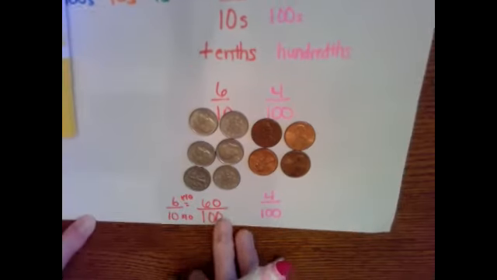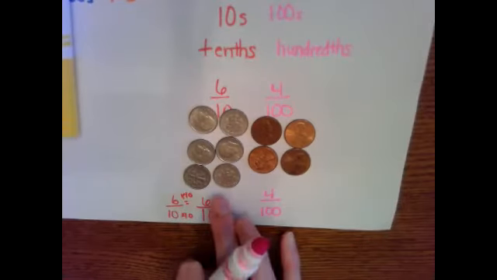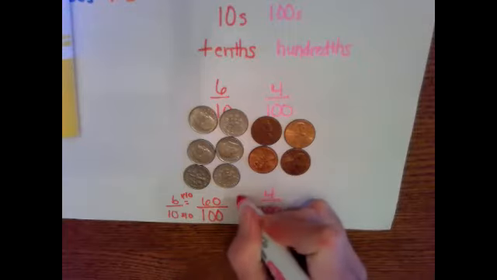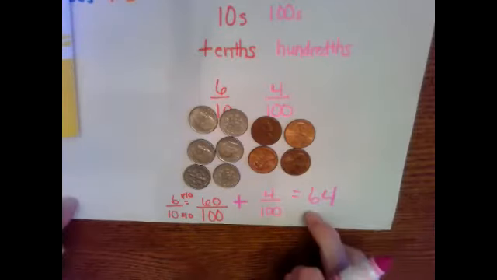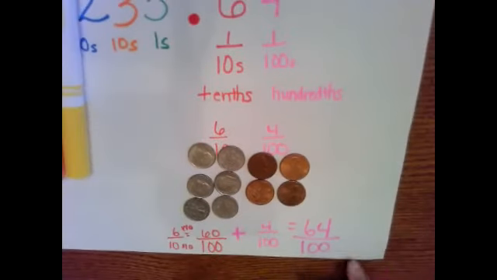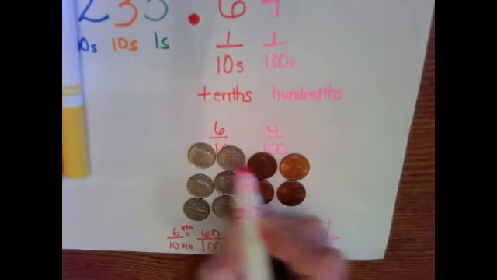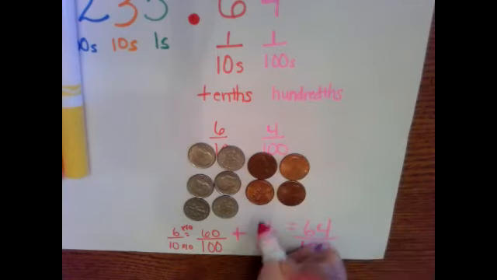Technically, then we could add these up, couldn't we? We have 2 of the same denominators. 60 hundredths plus 4 hundredths is 64 out of 100, which is why when you go to the store and they say that'll be 64 cents, please, you're paying 64 out of a dollar, right? 64 hundredths.